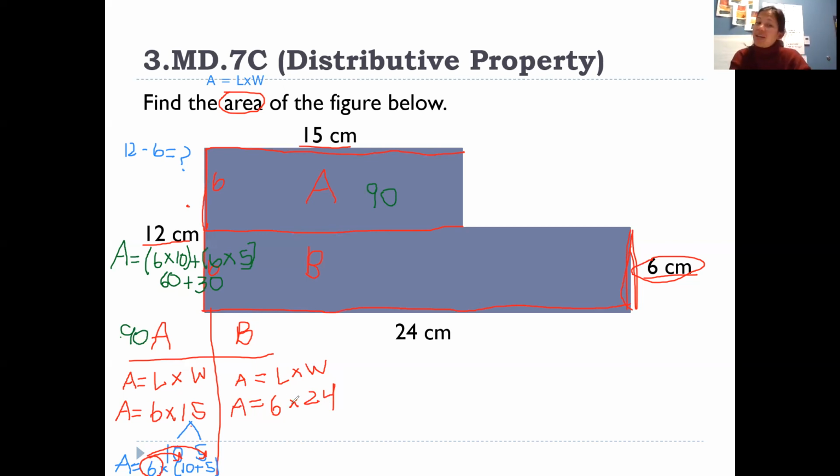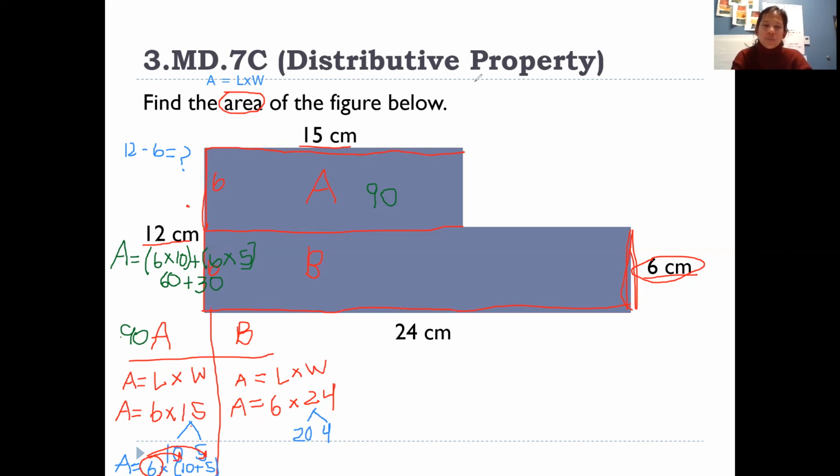Excellent. So my area equation for solving for shape B is 6 times 24. Now, I know my 6 times tables. However, 24 is a really big number. I'm going to break up that number 24. I'll break it up using my understanding of place value. I'll break up 24 into, you got it, 20 and 4. Great.